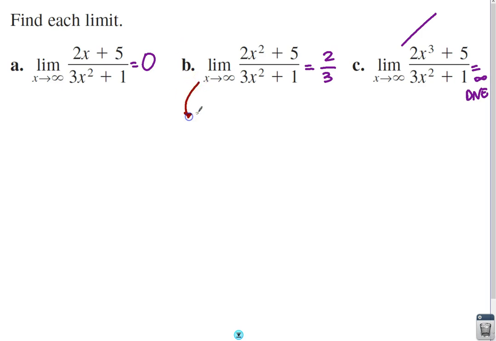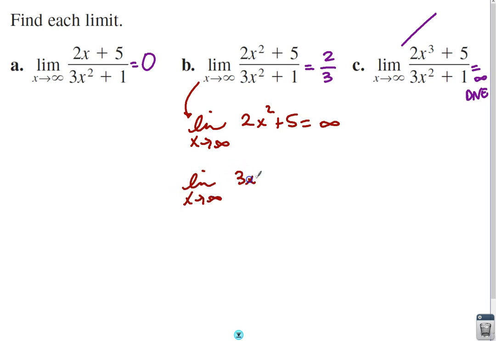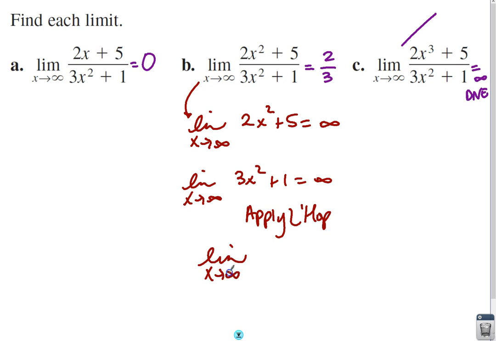We got this. Limit as x approaches infinity of 2x squared plus 5 is infinity. Limit as x approaches infinity of 3x squared plus 1 is infinity. Apply L'Hopital. Okay, so when you apply L'Hopital, you take the derivative of the top.